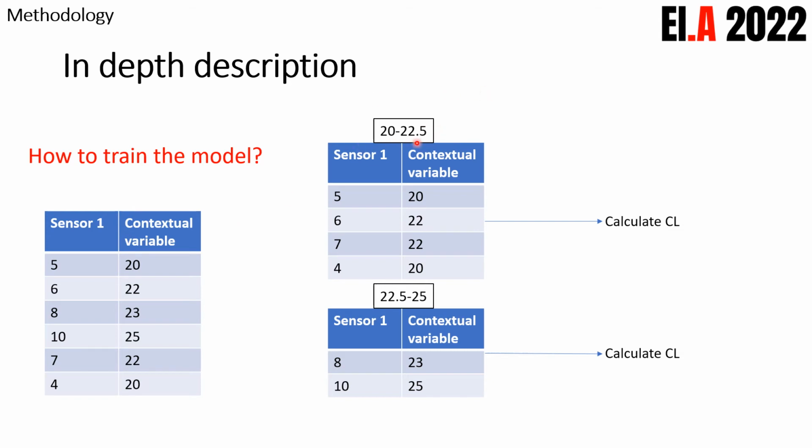You can see here we created two, and then we sort the variables into these boxes according to which interval they correspond to. And then for each of these matrices, we can calculate the control limits as seen before on the previous slide.